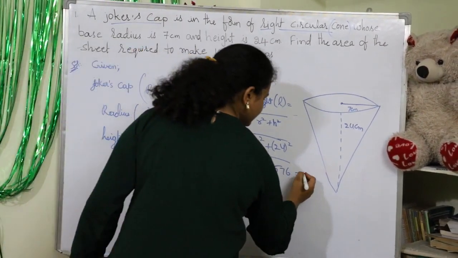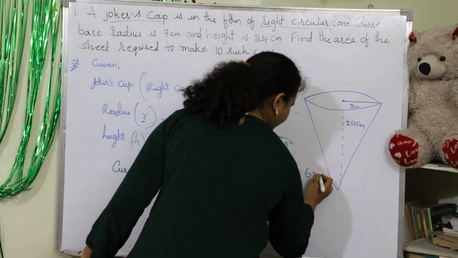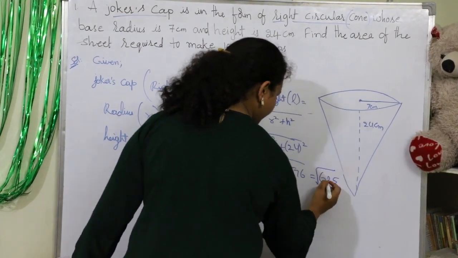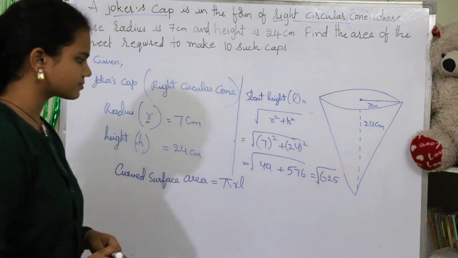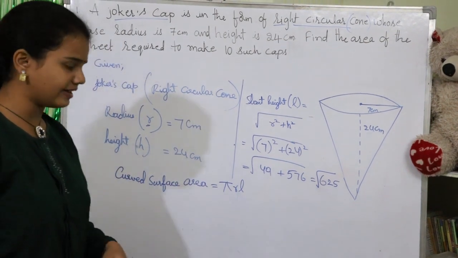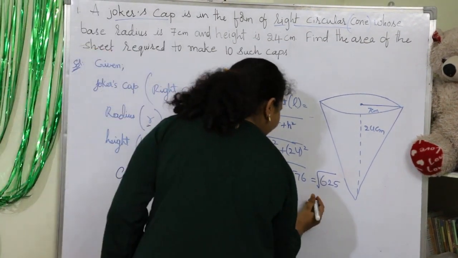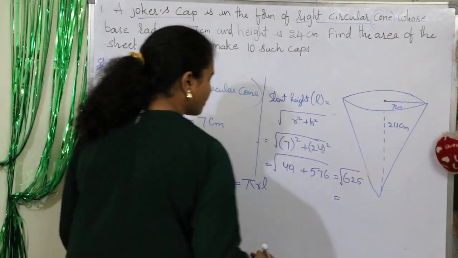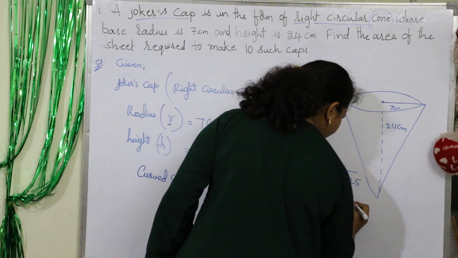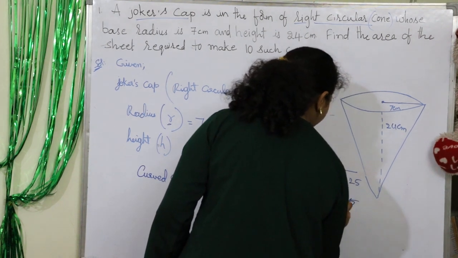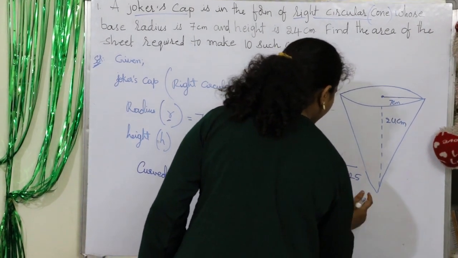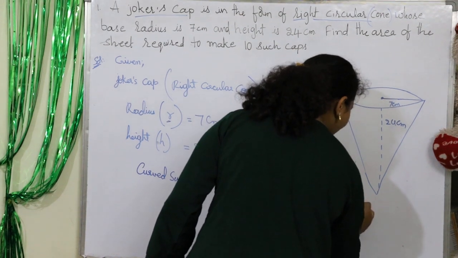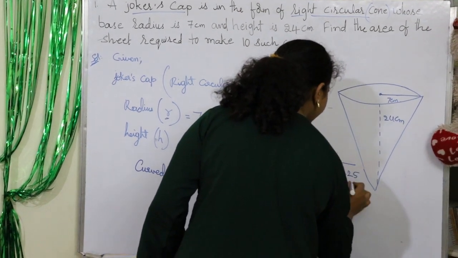The square root of 625 is 25, since 25 into 25 gives 625. Therefore, the value of l equals 25.